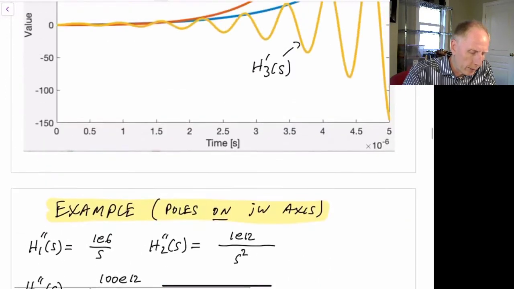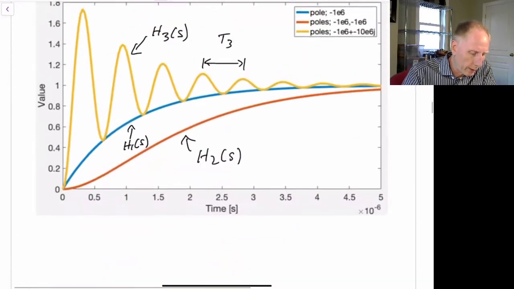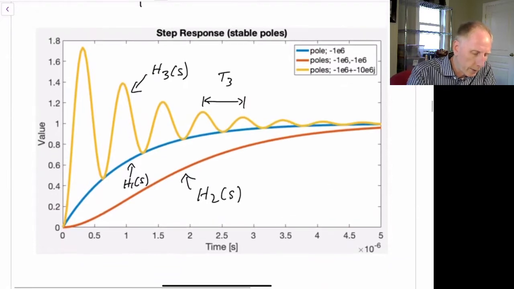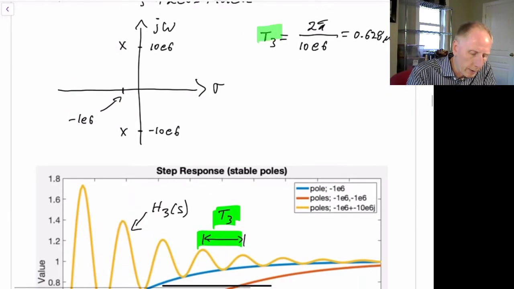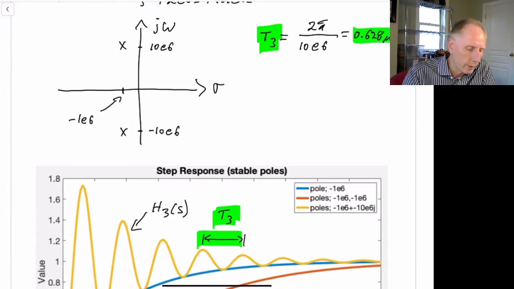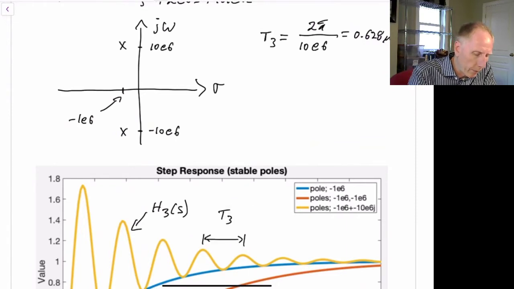And the one thing I should have mentioned earlier is if we go back and look at the period of the ringing, so T3 here, that period is exactly what we saw up here. T3, the period of this, is exactly 0.628 microseconds. So it's determined by the omega portion of this.